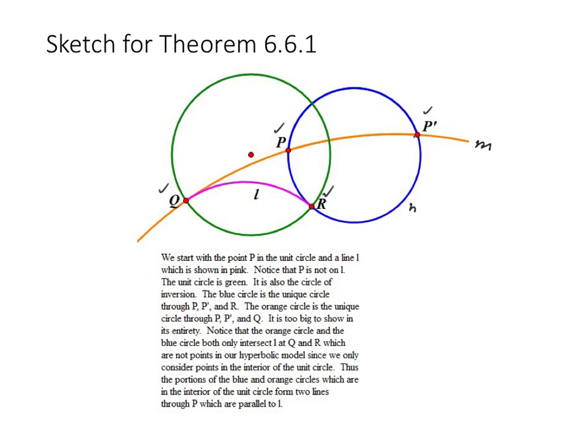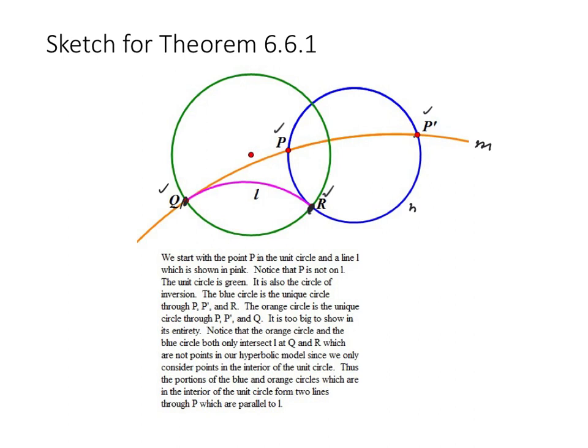Okay, so really the only thing left to do, now that we've got these hyperbolic lines passing through P, is to check that they are both parallel to the pink line L. Now, if you look at the figure, you might object and say, look, they're not parallel to L because they hit L at points Q and R. But remember that our hyperbolic points are points that are strictly interior to the green circle.